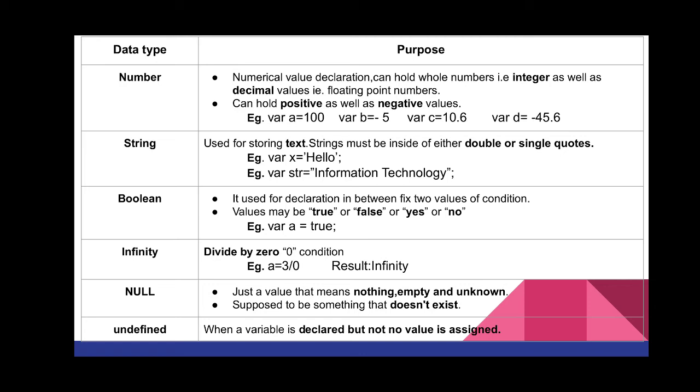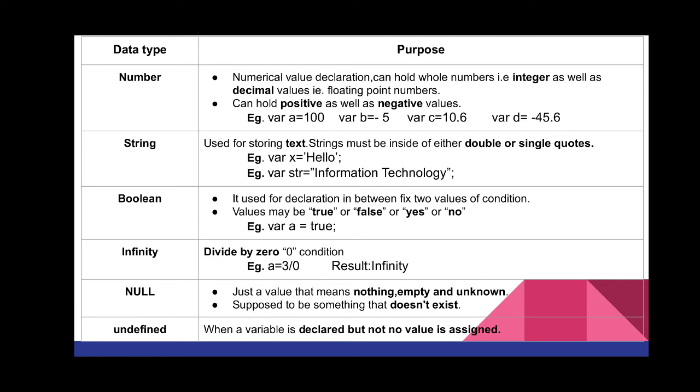Then variable c equal to 10.6. This is a floating point number, which consists of a decimal number, 10.6. Since it does not have any sign, it is a positive decimal value. And last is var d equal to minus 45.6. This is a decimal value or floating point number, but negative.